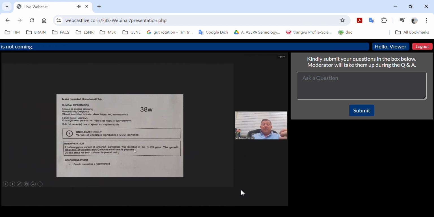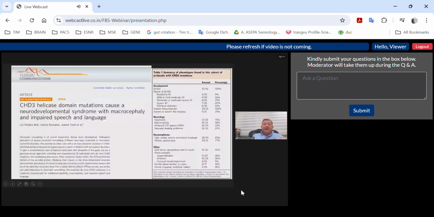But since the reason, the HPO, for which we referred the patient for exome was the presence of macrocephaly, when we look at the 35 individuals that were diagnosed with this syndrome, the only thing present that can be diagnosed by ultrasound during fetal life is macrocephaly, which was present in almost 60% of these cases, with widening of the CSF spaces.